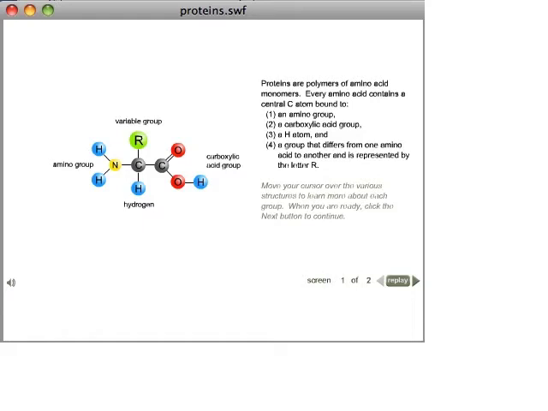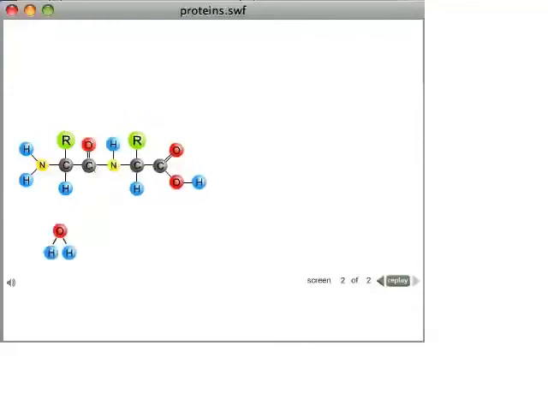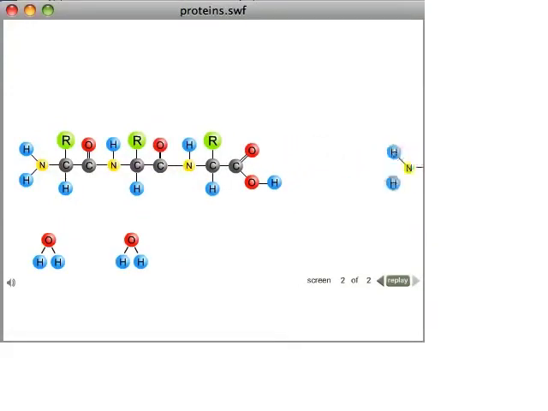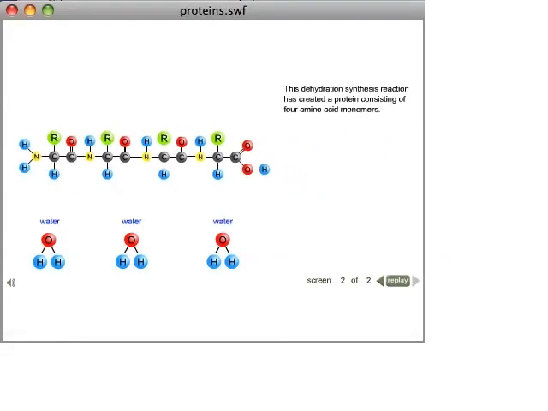A group that differs from one amino acid to another and is represented by the letter R. This dehydration synthesis reaction has created a protein consisting of 4 amino acid monomers.